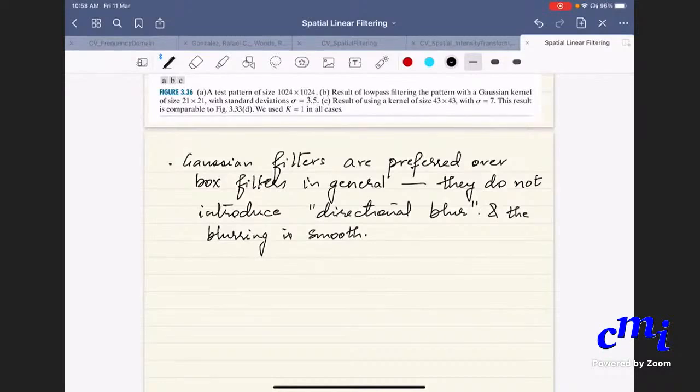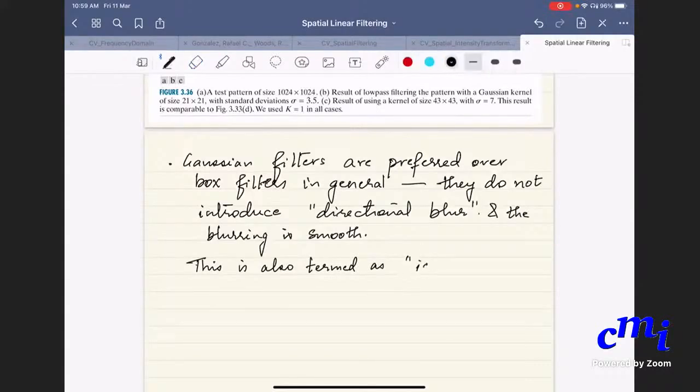But anyway, the other thing is that this point itself, that the blurring is smooth, is also termed as being isotropic. So this is also termed an isotropic kernel.